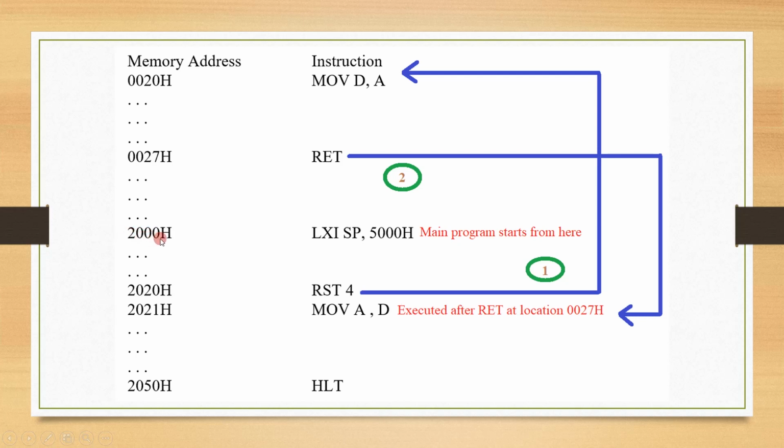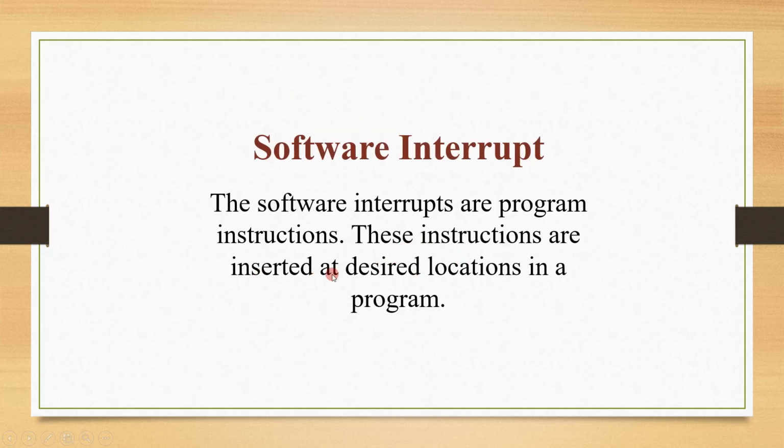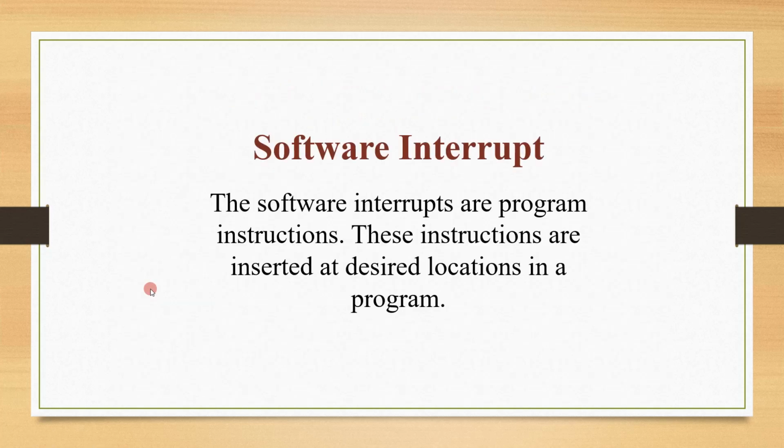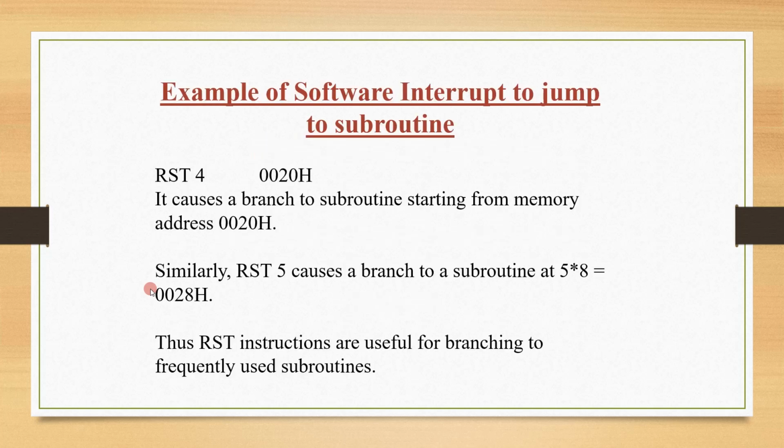The main program was starting from location 2000H, and the desired location for the interrupt, according to the need, was 2020H. So in a program, the software interrupts are inserted at a particular desired location. So software interrupts are program instructions.